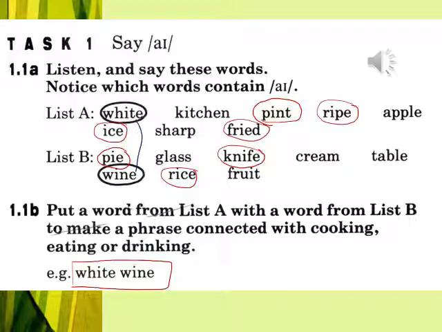So kitchen here will go with table. Pint will go with glass. Ripe will go with fruit. Apple will go with pie.